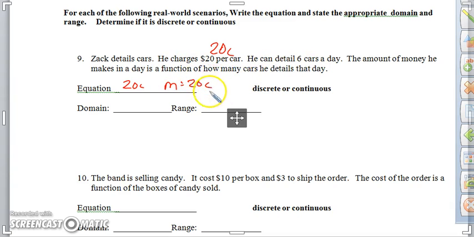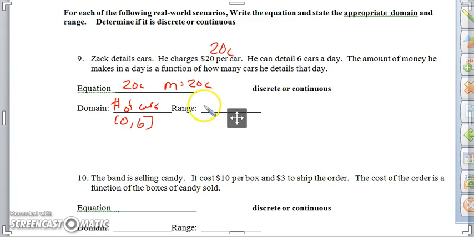So your domain is what you're substituting in, your input. Our cars will change, so our domain is the number of cars. And he said he would only do 6 a day, so he can either do 0 or 6.